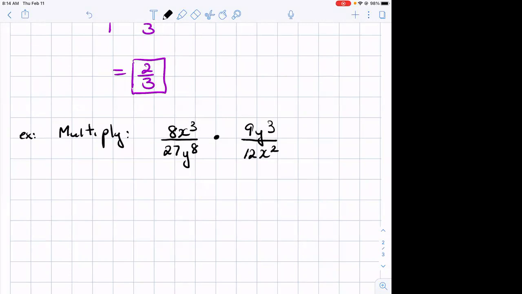So we can use either of the approaches we did before, right? So what you can do first, and remember, we can only simplify any top with any bottom.